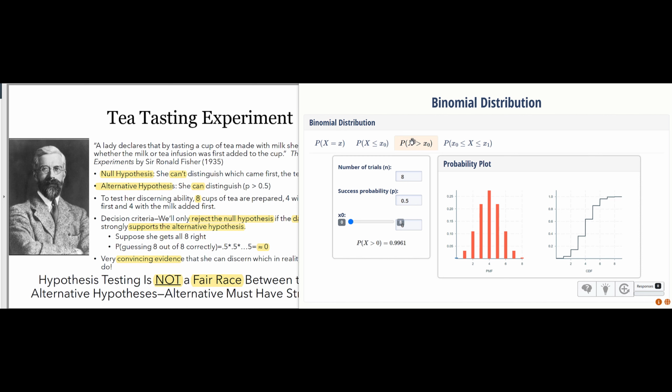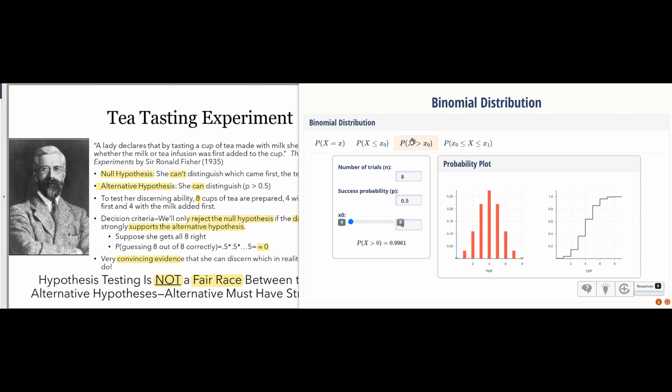No, greater than 4. We want greater than or equal to 5. So the probability of success, if she's guessing, is 0.5. The probability of her guessing correctly more than 4 times, that is 5, 6, 7, or 8 times, is 0.3633. So the probability of her guessing correctly 5 or more times is less than 0.5, but it's still not a very small probability.